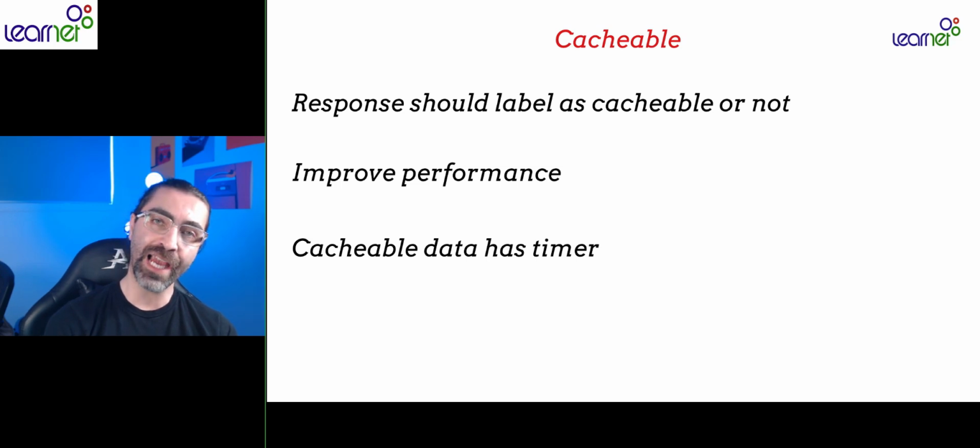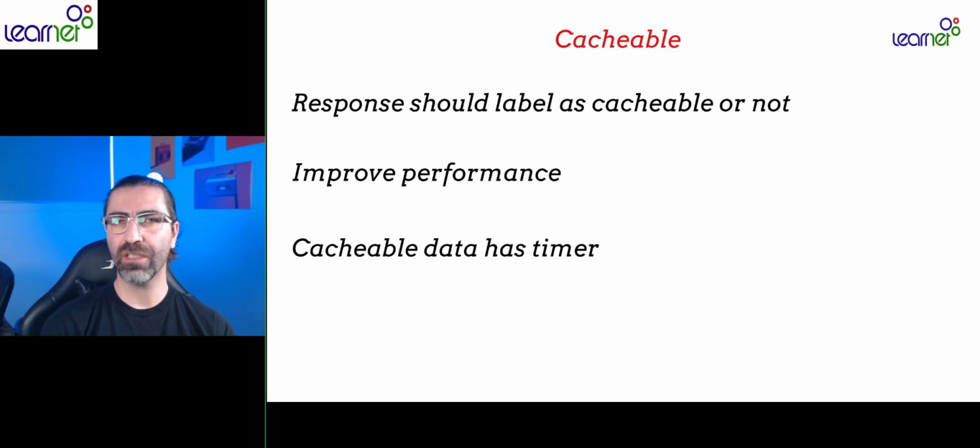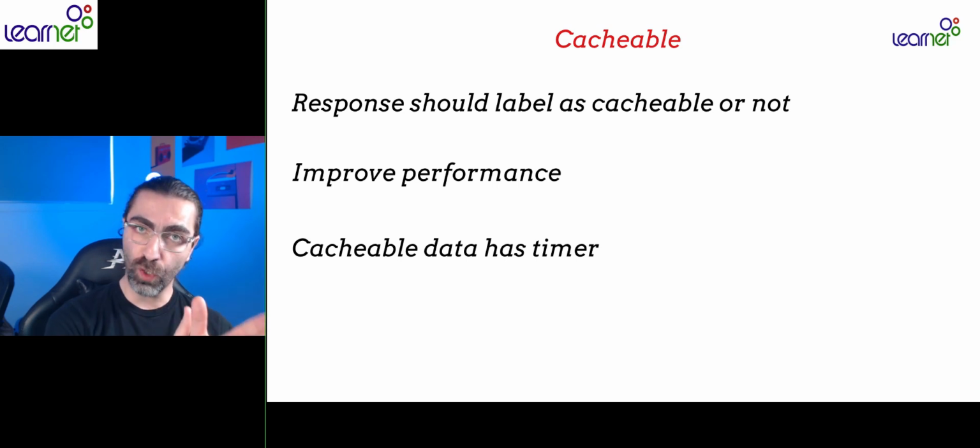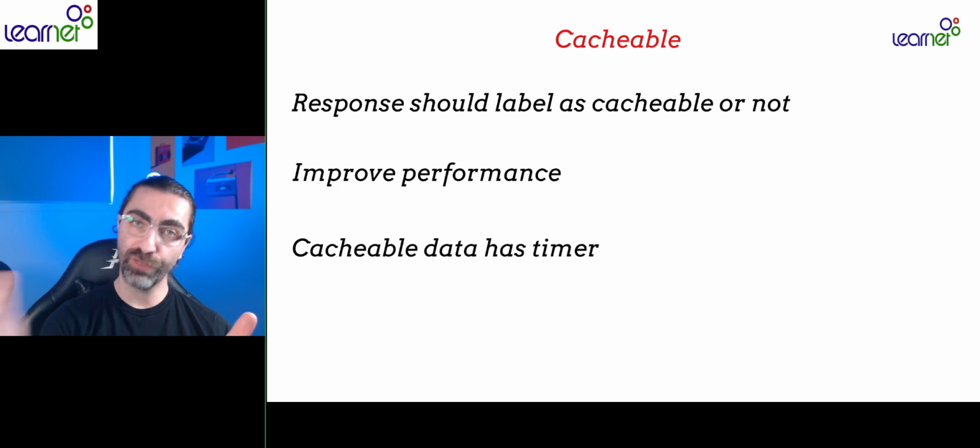Caching is always used to improve performance by avoiding re-downloading contents unnecessarily. And each cacheable item should have a timer or clear its time frame, so the client knows when it should clear that cached version and request a new version from the REST server.